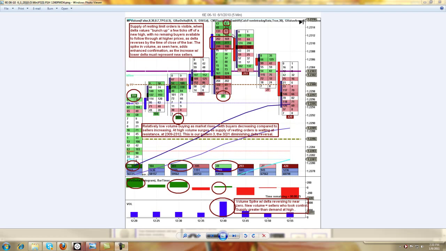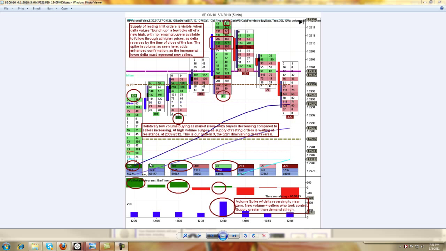We can get in a few ticks from any high or low. Now, here's an example. I'm going to look at a series of charts from the last 6 months of trading, with some examples of what we're talking about.